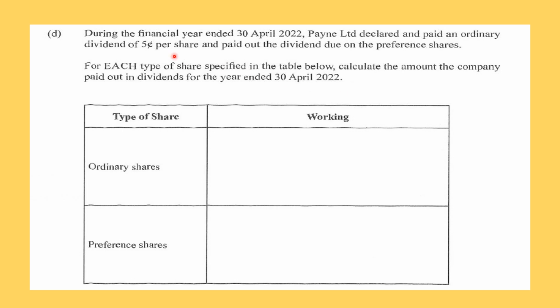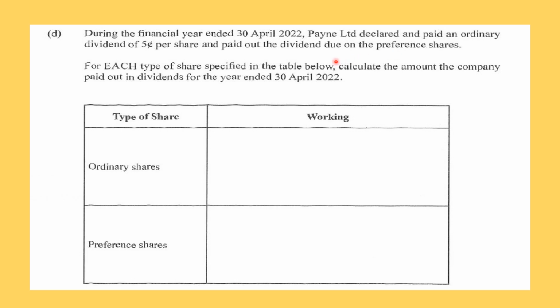And well, we are told it's 5 cents per share dividend on the ordinary share. And we are not given the amount on the preference shares. The reason for that is because the preference shares in their label carry the amount of the dividend. It's usually a percentage of the total value of the share.